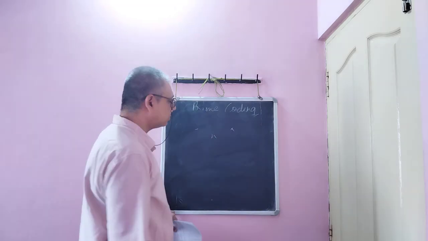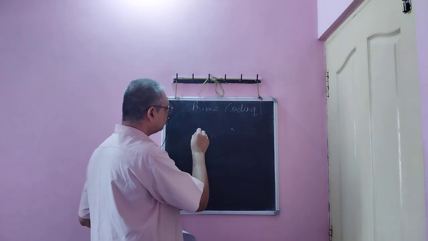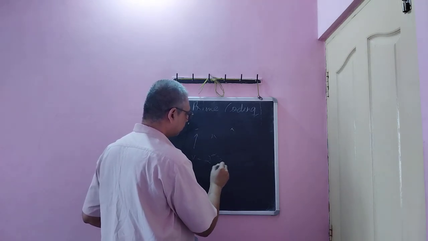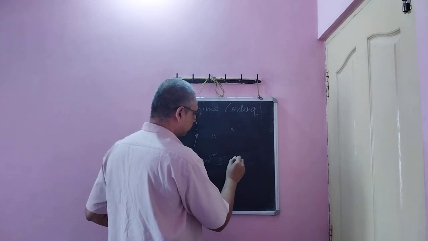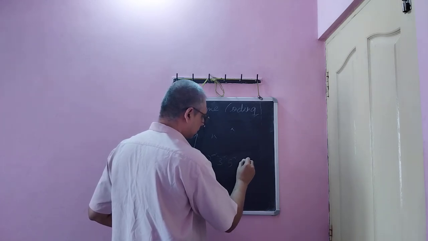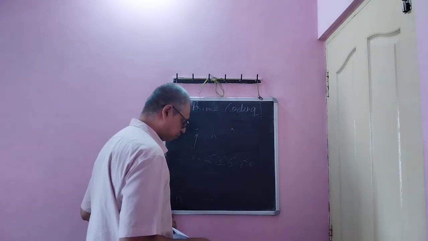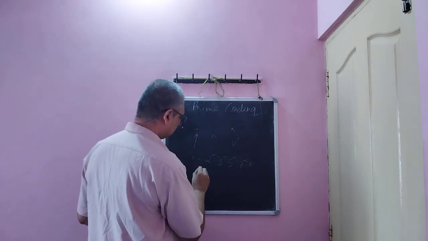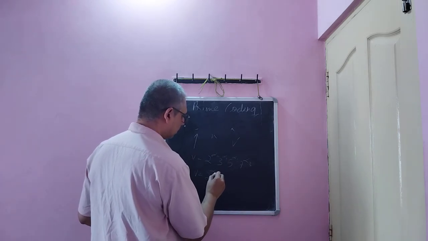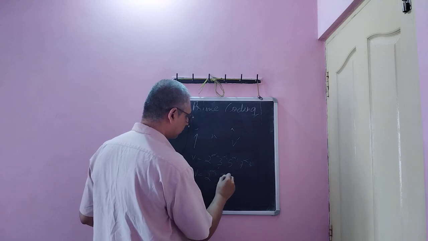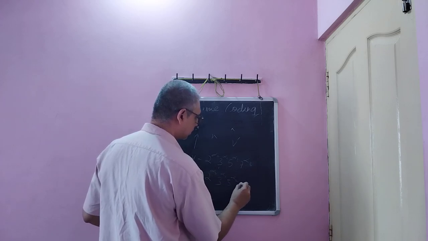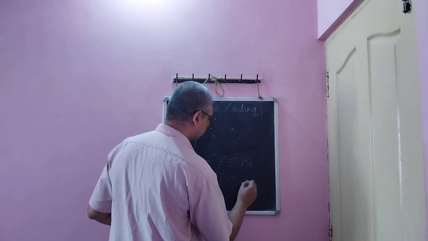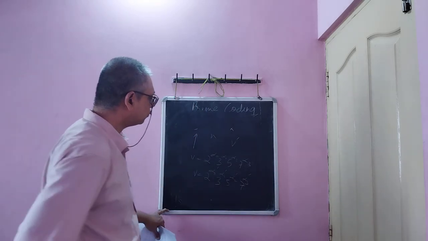Then all you have to do is find the least value, say v, of the form 2 power alpha naught, 3 power alpha 1, 5 power alpha 2, 7 power alpha 3, and its next value v dash of the form 2 power alpha naught dash, 3 power alpha 1 dash, 5 power alpha 2 dash and 7 power alpha 3 dash, and take the difference between these two values.